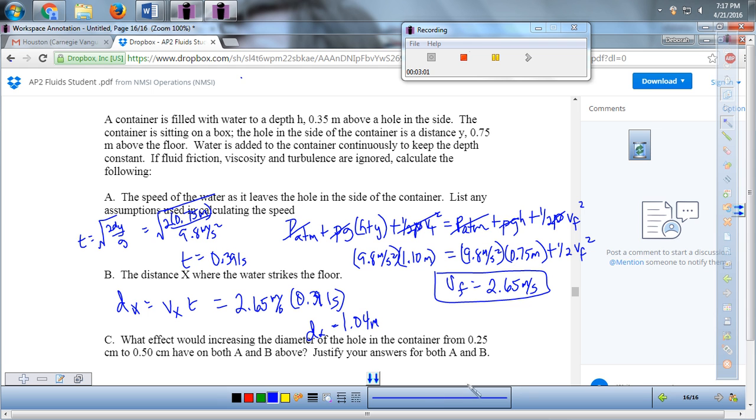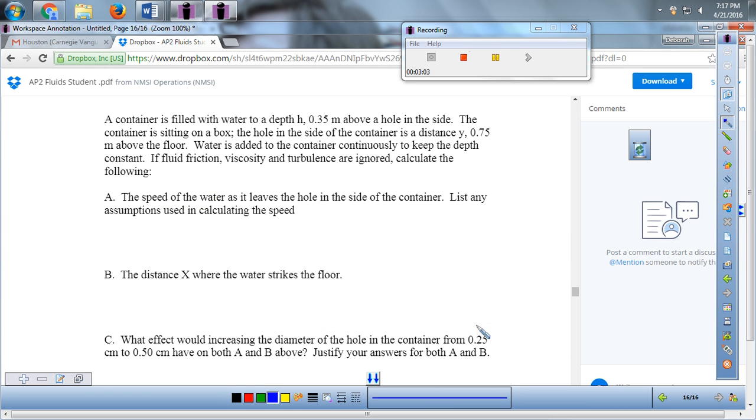Alright, then it says, what effect would increasing the diameter of the hole in the container from 0.25 to 0.5 centimeters have on the answers to A and B above? Okay. So let's talk about that. So the speed of the water remains the same. We just have more water comes out.